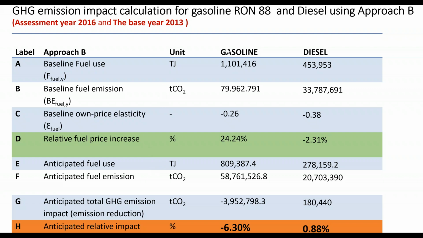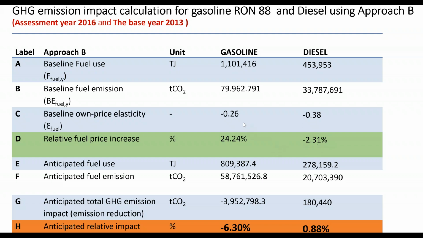You can have a look here. We divided it into gasoline and diesel. For gasoline, according to the guidelines, the price increase is around 24.24%, while for diesel it is minus 2.31%, because the price of diesel is almost the same from 2013 up to 2016, but because of inflation the real price is going down.